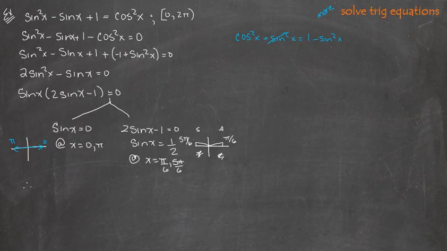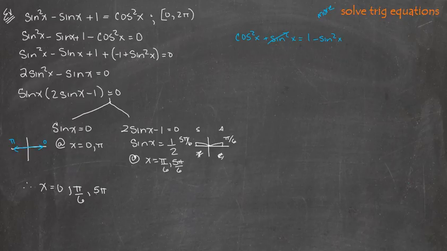And so now I'm going to write my answer all pretty. All the x values, all of the angles that make this sentence true on this interval are 0, pi over 6, 5 pi over 6, and pi.